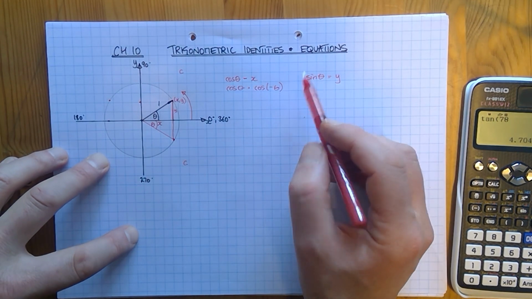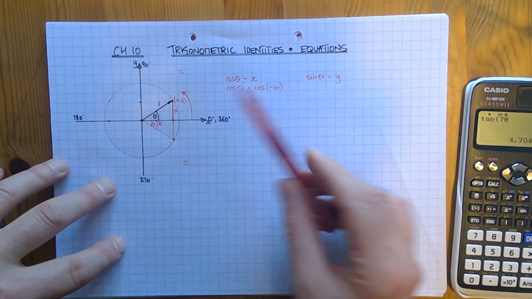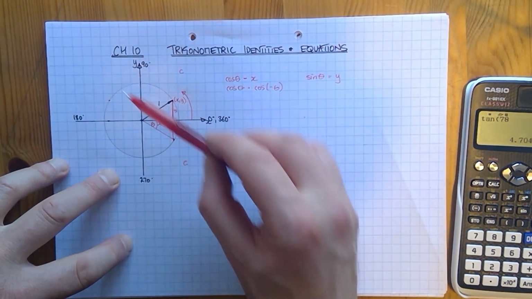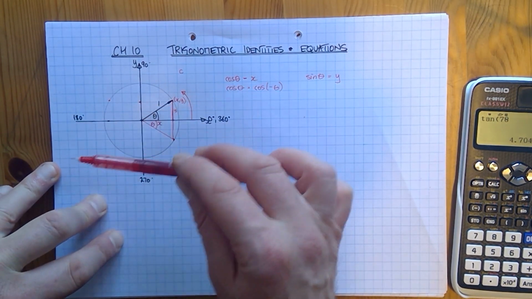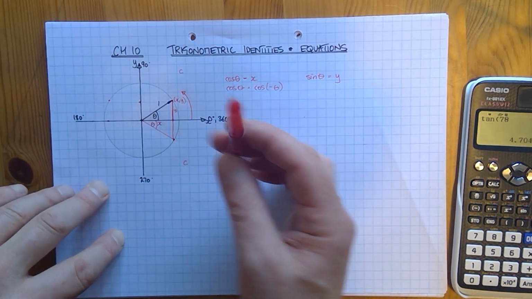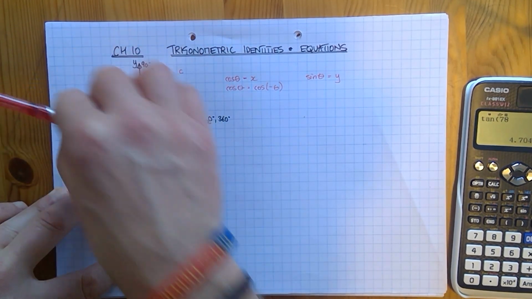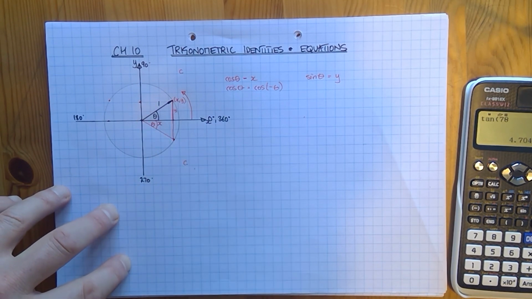So the sine of theta is determined by the y coordinate. Now anything up here, of course, the y coordinate is positive. Anything down here, the y coordinate is negative. So any angle from 0 up to 180, sine of that angle is going to be positive.